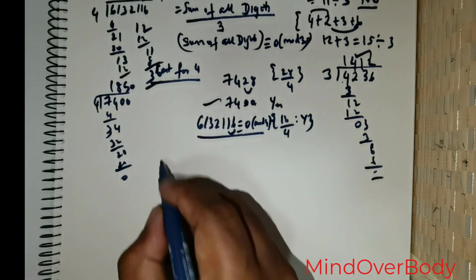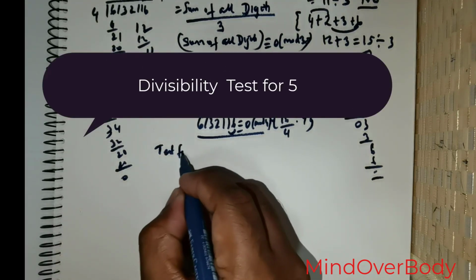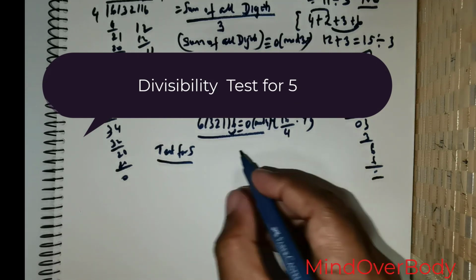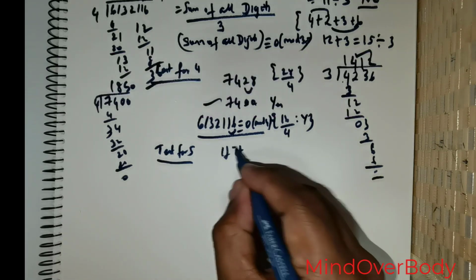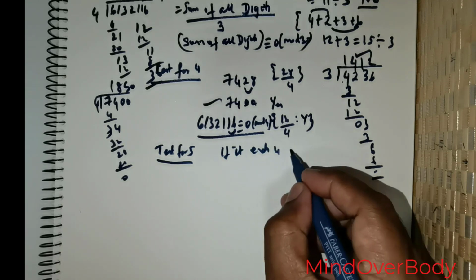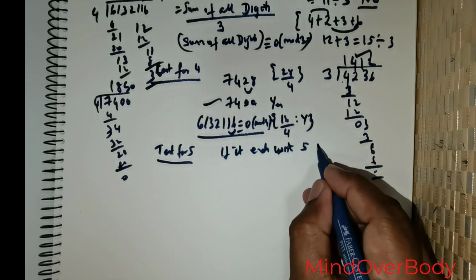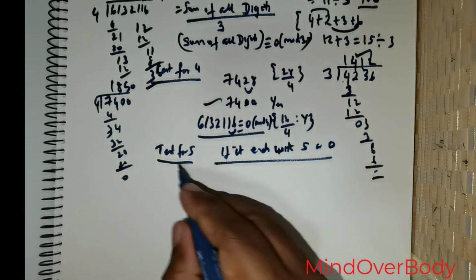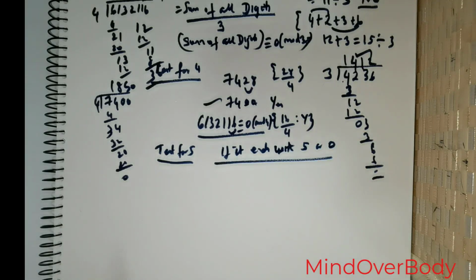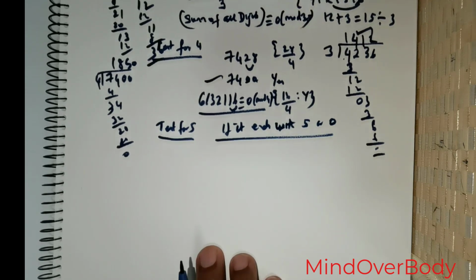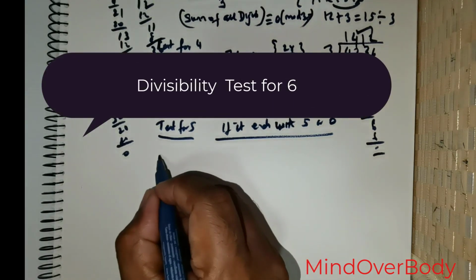Now next is the divisibility test for 5. Everybody knows 5. If it ends with 5 or 0, the number is divisible by 5. No big deal. Now we have to check for divisibility by 6.